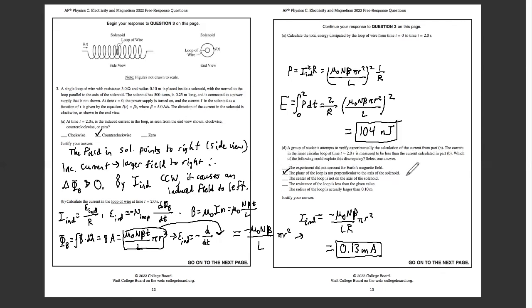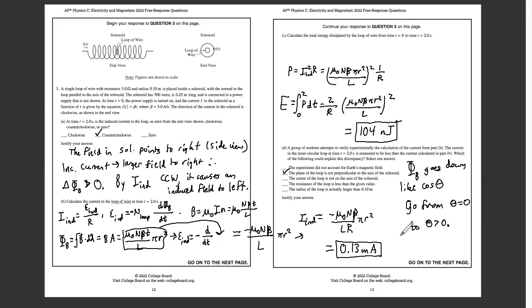As to why it is choice B, it's because if the plane of the loop is not perpendicular to the axis of the solenoid, then the flux actually goes down, like cosine of theta. So you go from theta equals 0, because B and dA would be parallel if the loop is perpendicular, to theta greater than 0 but less than 90, obviously.